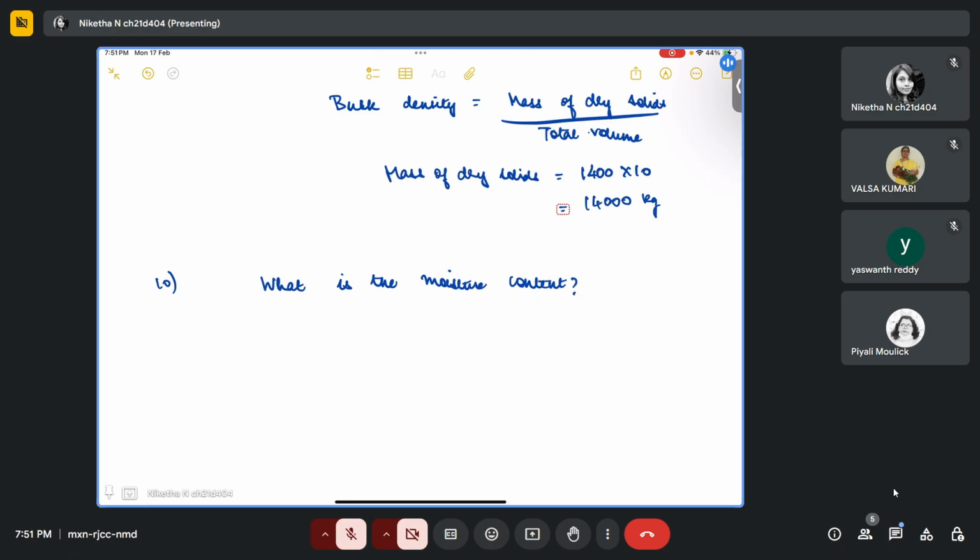And they've also given the particle density of the solids, which is rho s, equal to 2200 kilograms per meter cube, and the density of water is 1000.